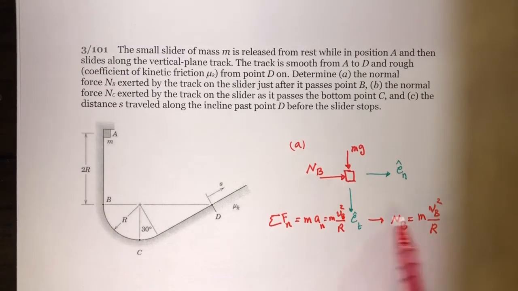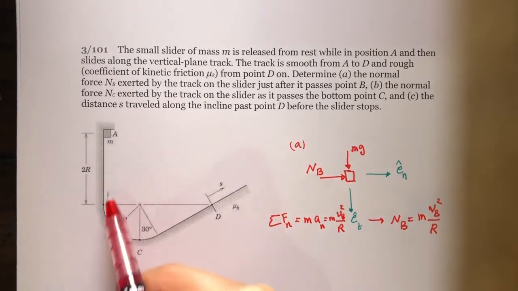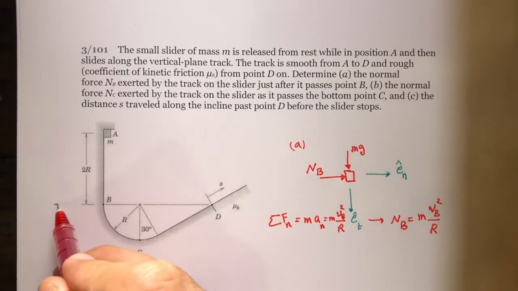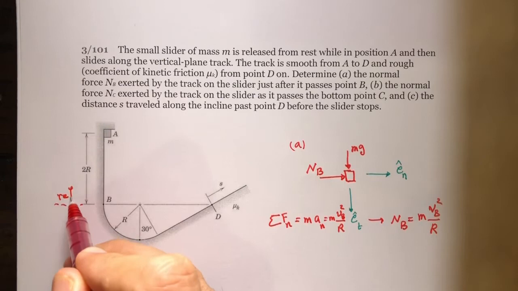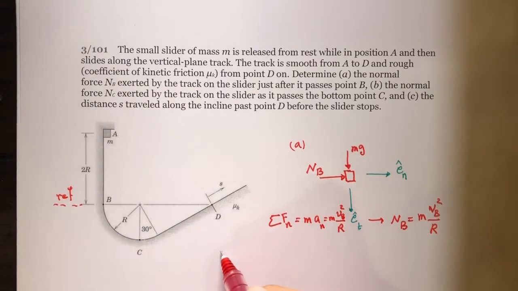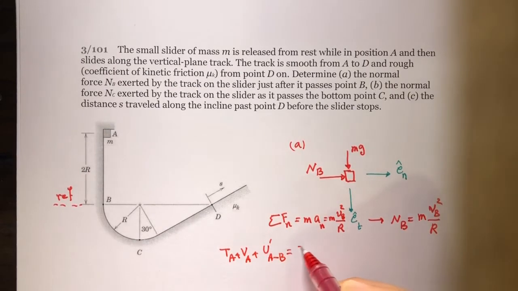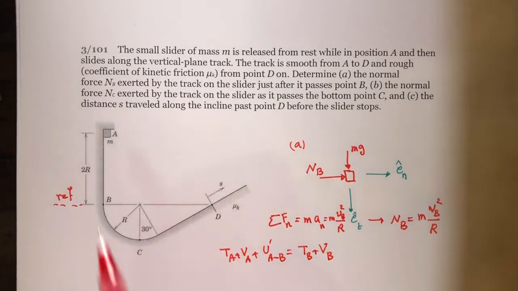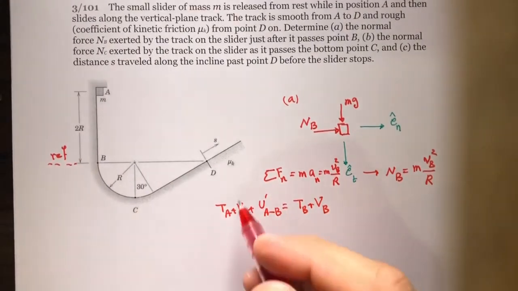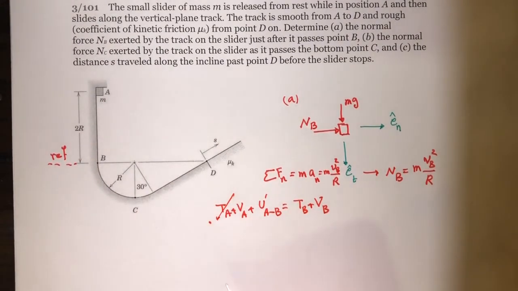Now, how can I find the velocity here? You can use work energy equation between point A and point B. Let's put the reference line here. TA plus VA plus U prime from A to B is equal to TB plus VB. At the beginning, there is no velocity, there is no kinetic energy, so this one is equal to 0.